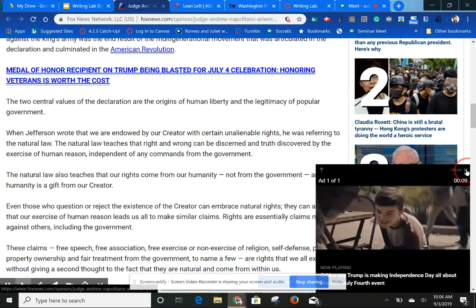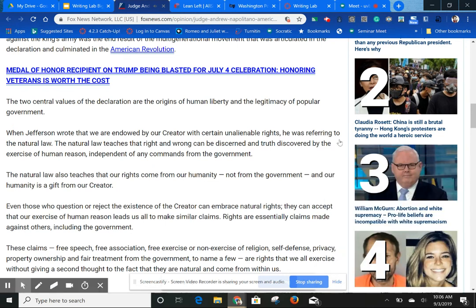Sorry. Go away. Okay. The paragraph says, "When Jefferson wrote that we are endowed by our Creator with certain unalienable rights, he was referring to the natural law. The natural law teaches that right and wrong can be discerned and truth discovered by the exercise of human reason, independent of any commands from the government."